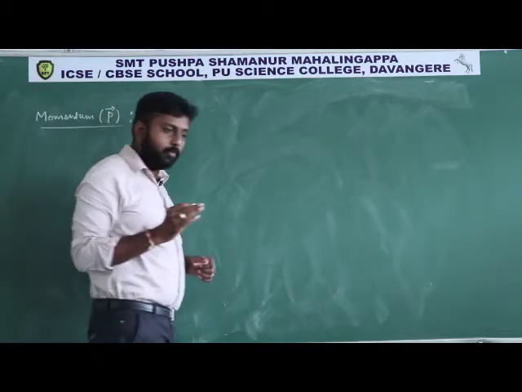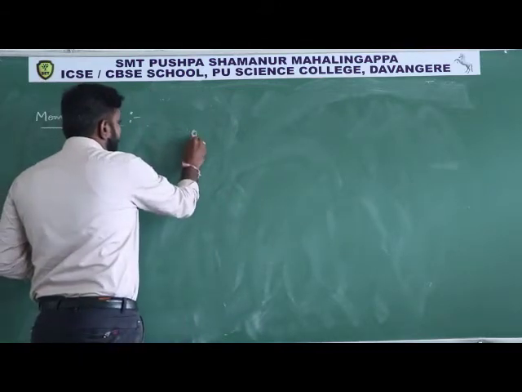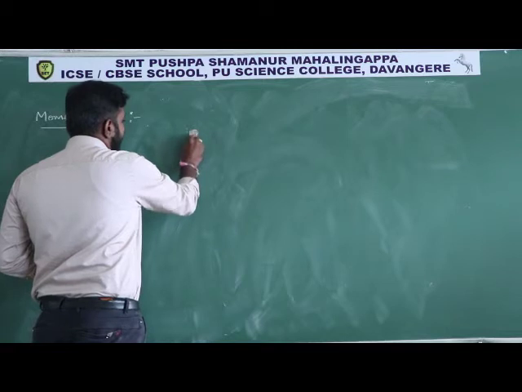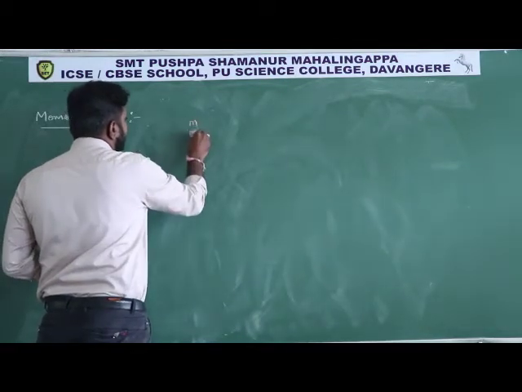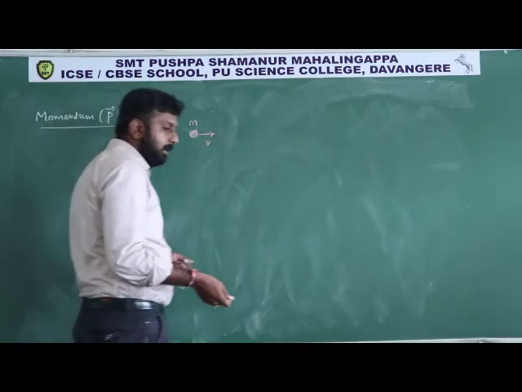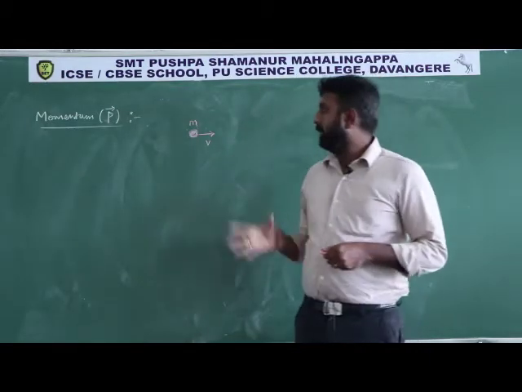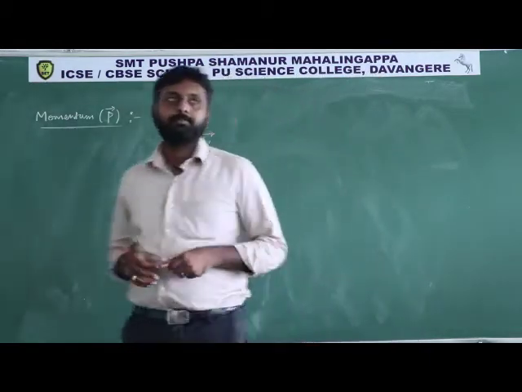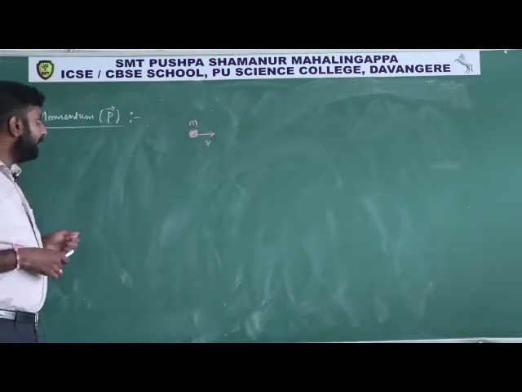Let us consider an object of mass m moving with some velocity. Then that object has a character that is called momentum.